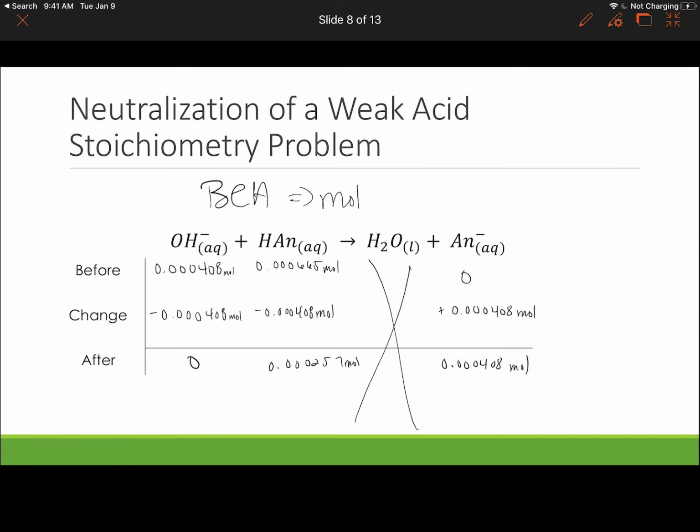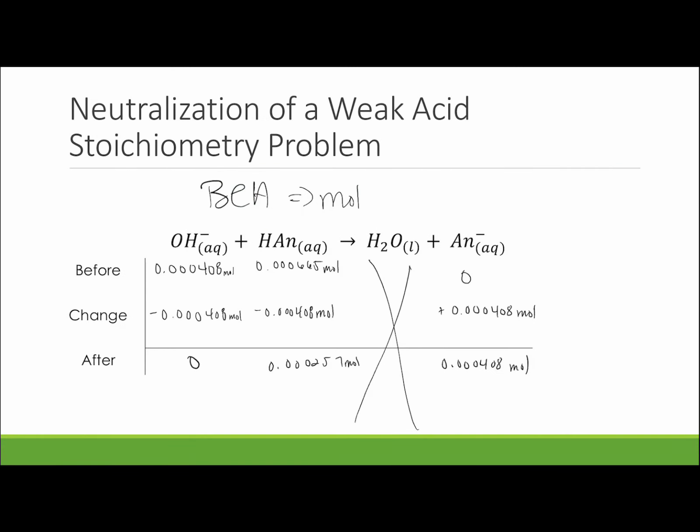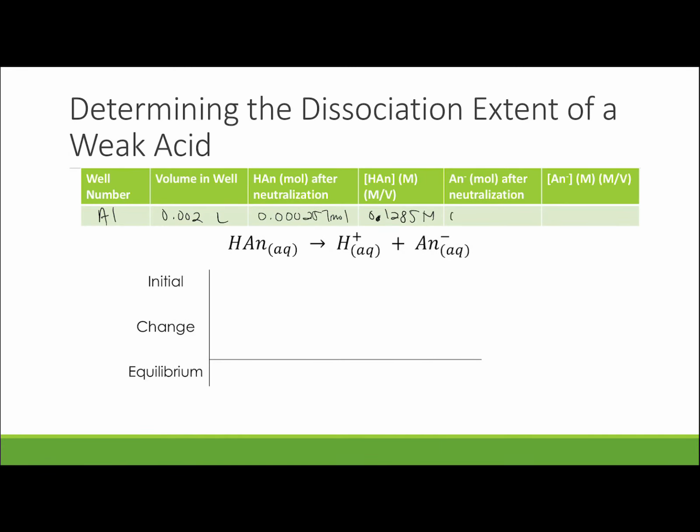And then if we look at our conjugate, we have 0.000408 moles there. Divide that by our total volume, and we get 0.204 molar of our conjugate.